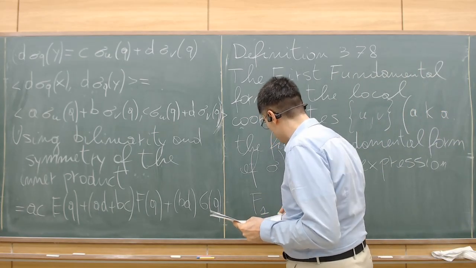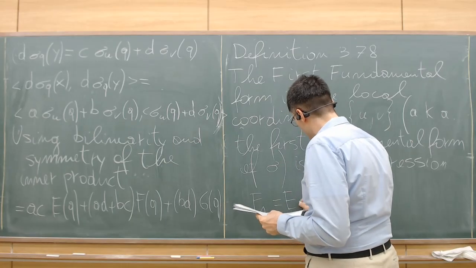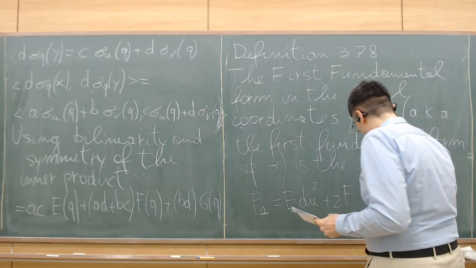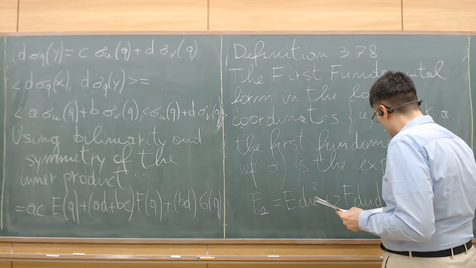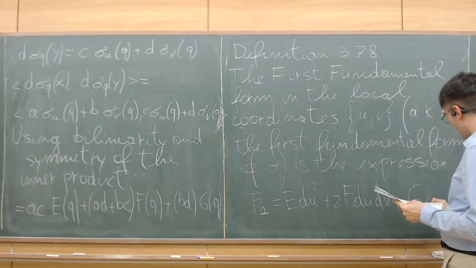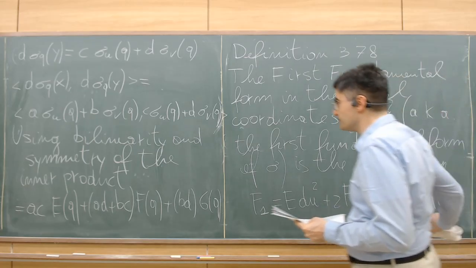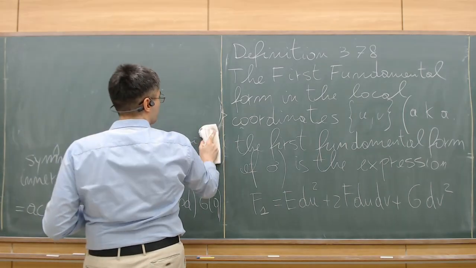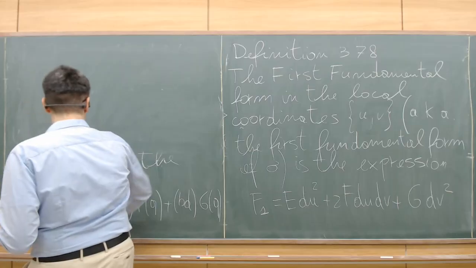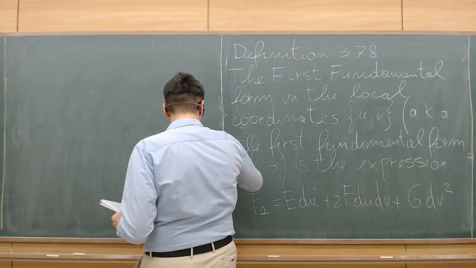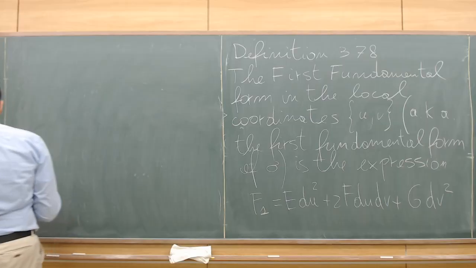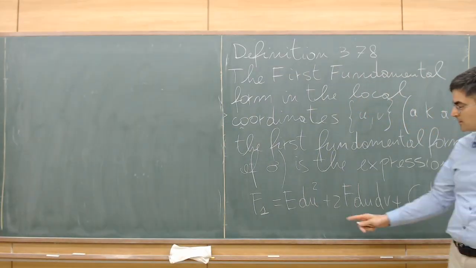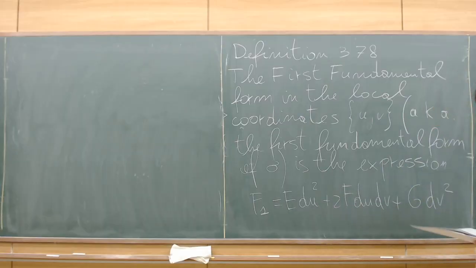F1 equal to E du squared plus 2F du dv plus G dv squared. What is the meaning of du and dv?